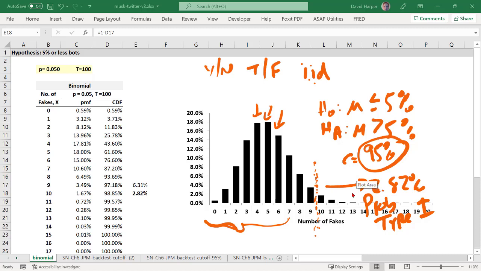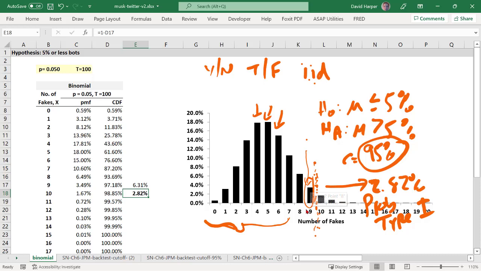What's the trade-off? Well, let's go back to our cutoff here of 10 or more. What happens if Elon Musk finds 9? He observes 9 fake accounts out of 100. That's 9%, but it's below the cutoff. So he fails to reject the null, barely. In other words, he accepts the null, accepts the claim as valid.